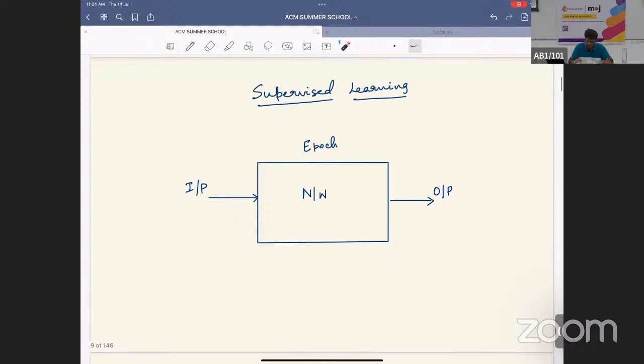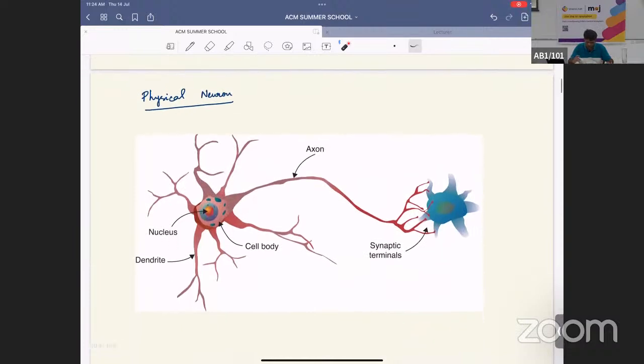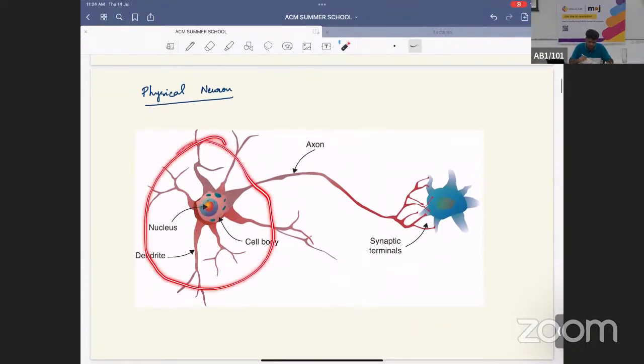Okay. So this is an example of a physical neuron where there are a lot of inputs which are received in the dendrites, and this cell body, or soma, integrates all these inputs and then decides whether to fire an action potential through this axon or not. This action potential is going to reach the dendrites of other neurons following.